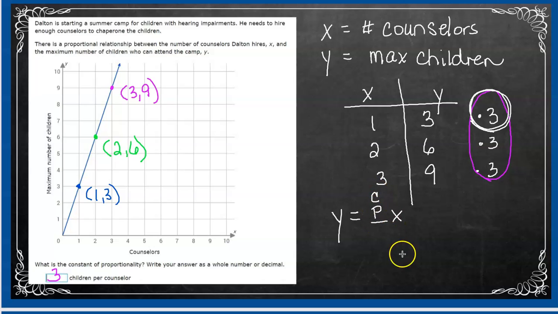That's called the coefficient of x, and that number is this 3 in this case. So the equation for this graph would be y equals 3x, because I have to multiply x times 3 to get y. It makes sense. You can also go over to Desmos and type in y equals 3x and see if you get the same line that they have in this problem.